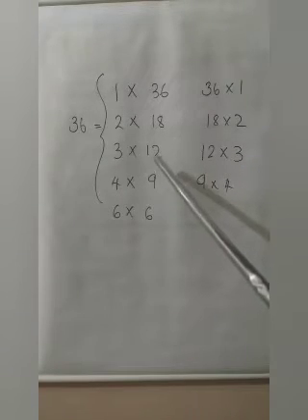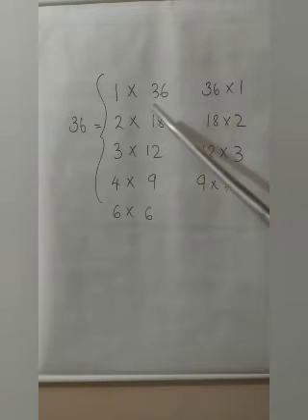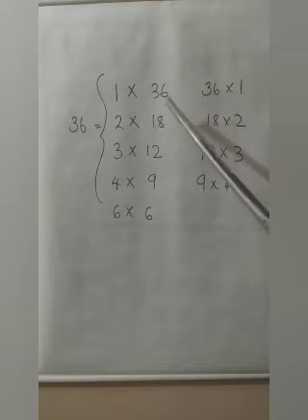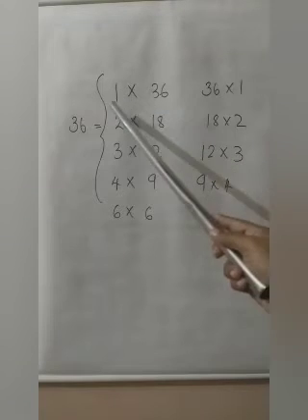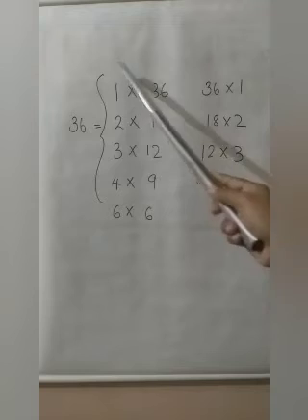3 into 12. So, how does this differ from prime factorization? This is factorization, isn't it? So, what will be prime factorization? Notice the factors. Here, what are the factors? 1 and 36. What is the case of 1?